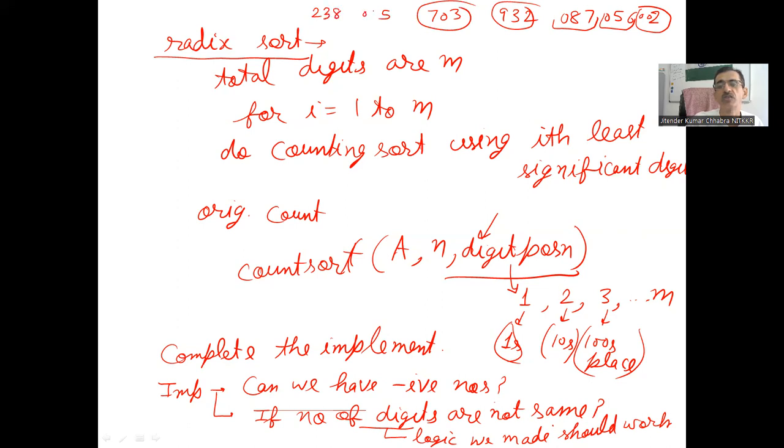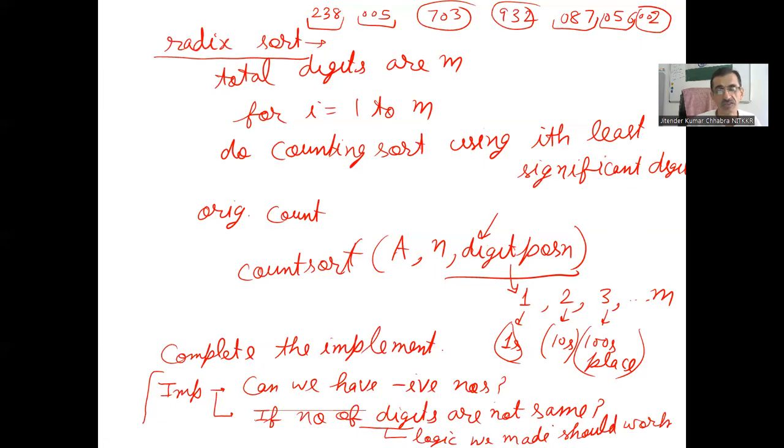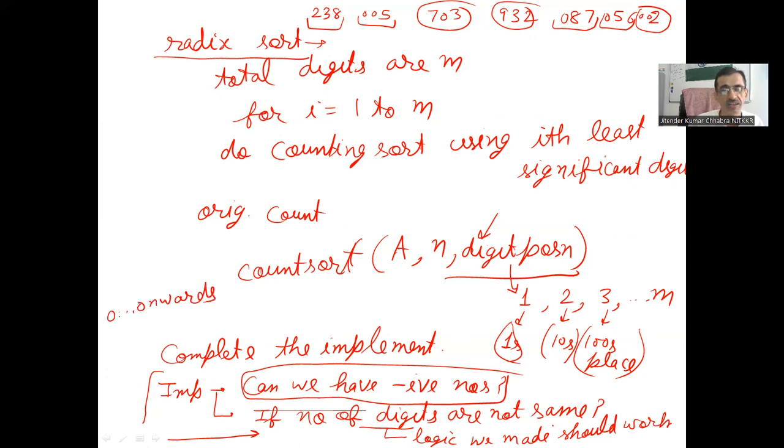I converted each number to 3 digits, and then as a school child I could easily solve it. The same thing I can easily do here, but I have to find an answer for negative numbers, not immediately. First your aim should be to implement for 0 onwards numbers. Once you are able to solve that, later you should think of a solution for this.